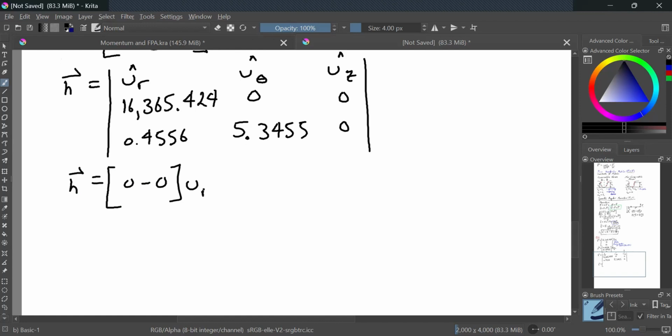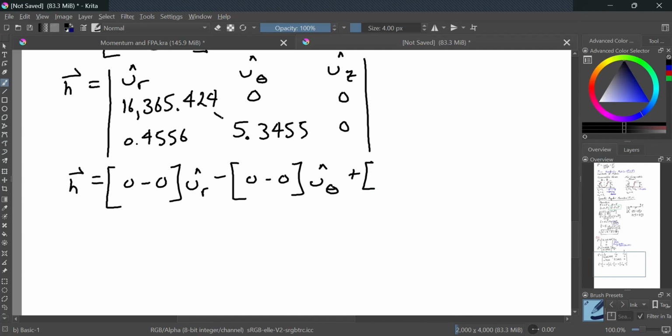r, that's an r. Now that's an r. There we go. The u_theta direction, we have 0 times 16,000.4 times 0. So we have another 0 minus 0. The u_theta direction plus, and here's where it gets interesting.